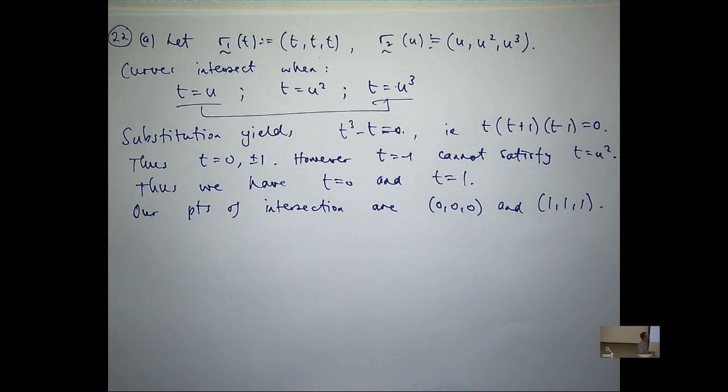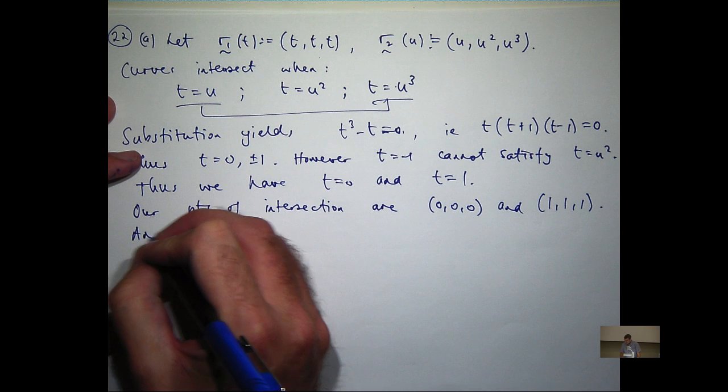So now the next question is, what's the angle between the tangent vectors at the points of intersection? Let's calculate that.